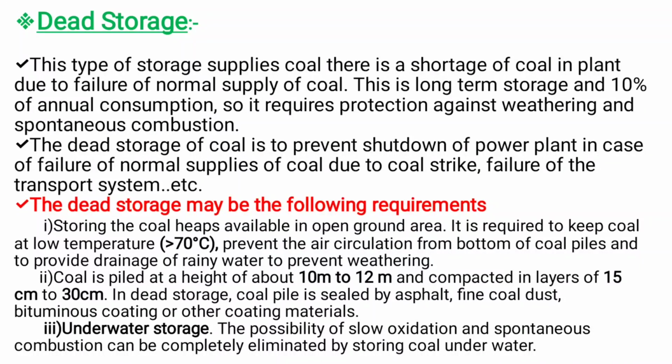This is a long-term storage of 10% of annual consumption. The dead storage of coal is to prevent shutdown of the power plant in case of failure of normal supplies of coal due to coal strike or failure of the transport system.